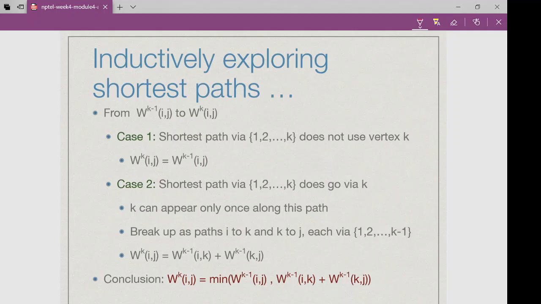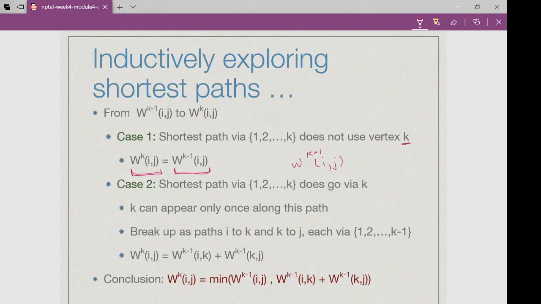In that case W_k(i,j) is equal to W_(k-1)(i,j), because we already get the shortest path at W_(k-1)(i,j). There is no need to take the kth vertex; we already get the shortest path by taking k minus 1 vertices.